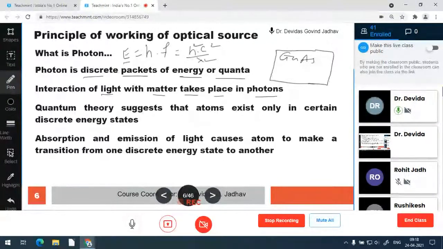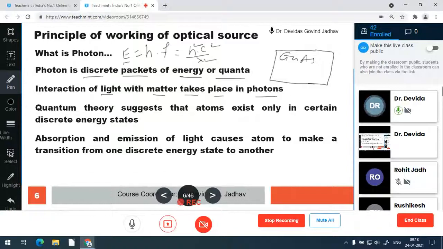The photon ejects or captures out the energy, and this energy is also in the form of light. This is called stimulated emission. So all these interactions, absorption and emission, take place in the photons.